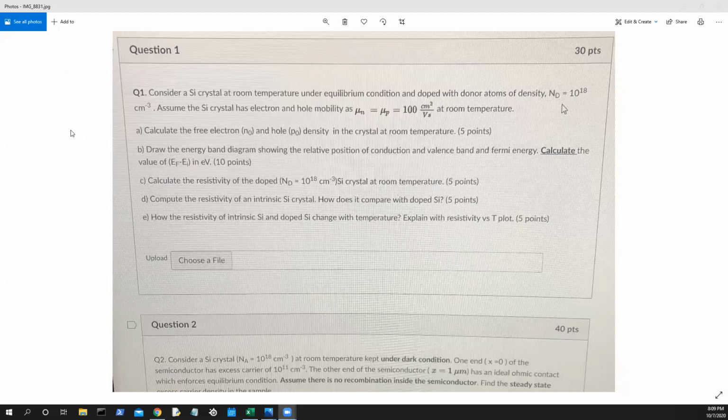Rearrange that to solve for P0, and you will have Ni squared over N0, which is 10 to the 20th over 10 to the 18th, which yields 10 to the 2nd or 100 holes for your concentration for your P0. So P0 is equal to 100.